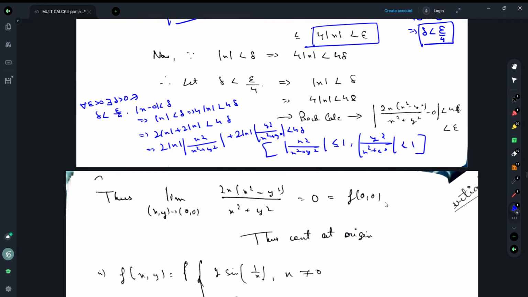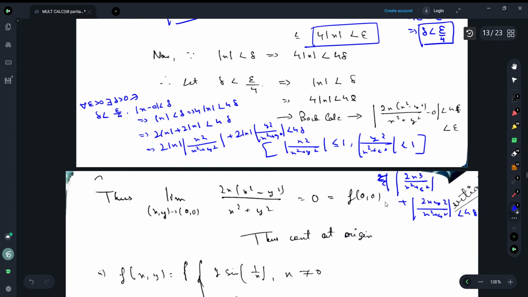Now what we can do here is write it like 2 times modulus of 2x cube over x square plus y square plus modulus of 2xy square over x square plus y square is less than 4 delta.